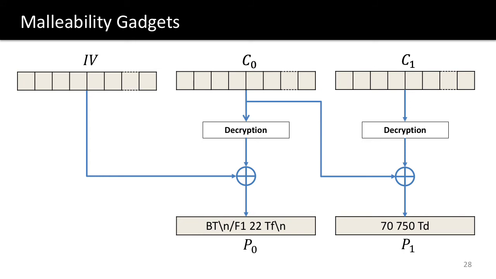So let me ask now what happens if you decide to change a single bit in the ciphertext. For example, let's flip maybe the first bit in the initialization vector, and if you do that, the very same bit will flip in the resulting plaintext.